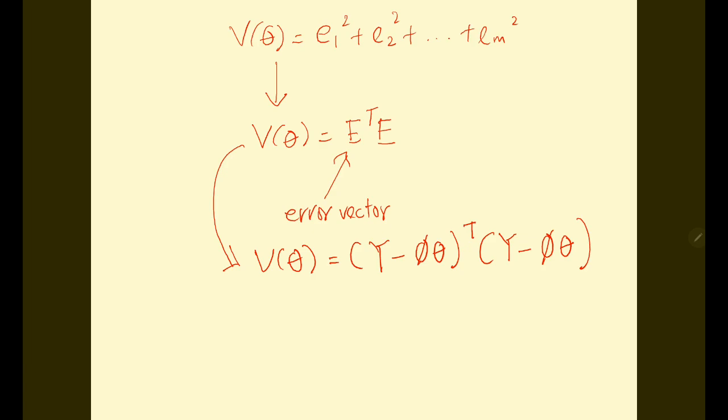We multiply the transpose inside, so we get (y transpose minus phi transpose theta transpose) times (y minus phi theta).